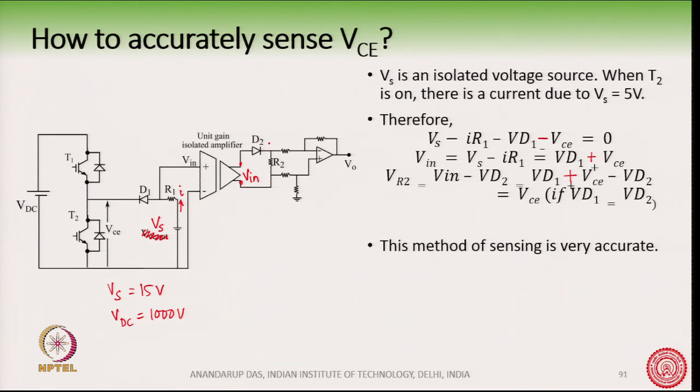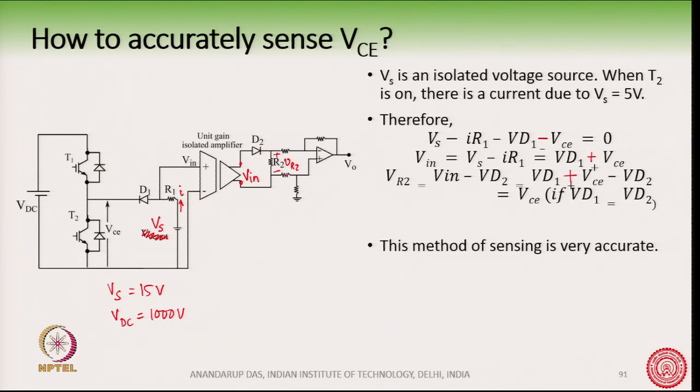We then pass it through another diode and get the voltage across this resistance R2. The voltage across R2, VR2, is equal to V in minus VD2, the drop across the diode.